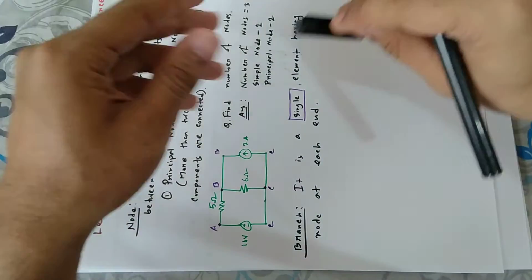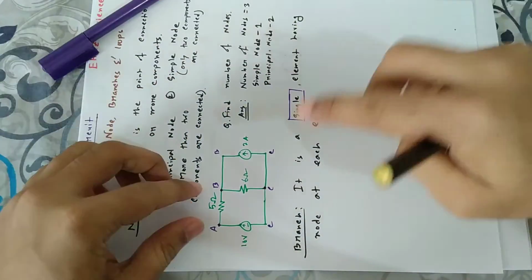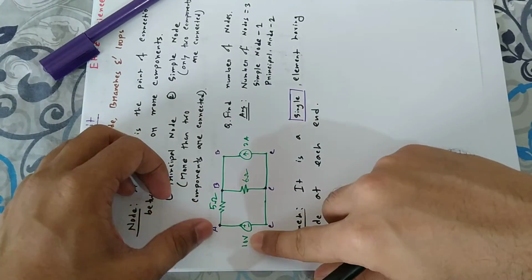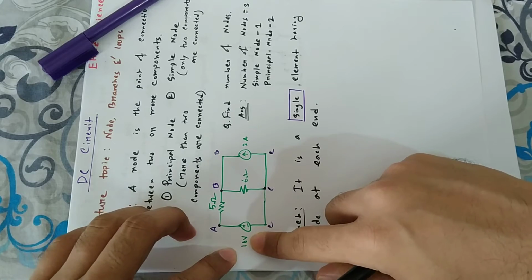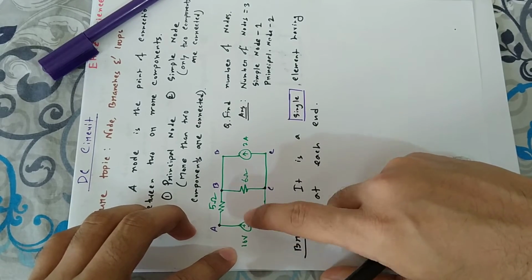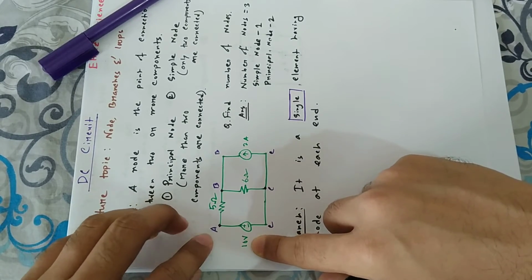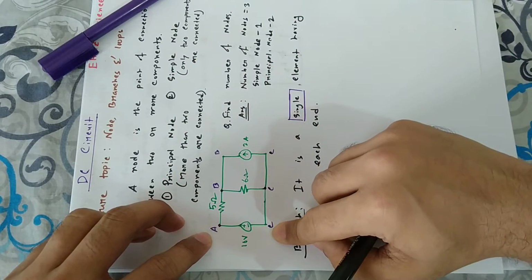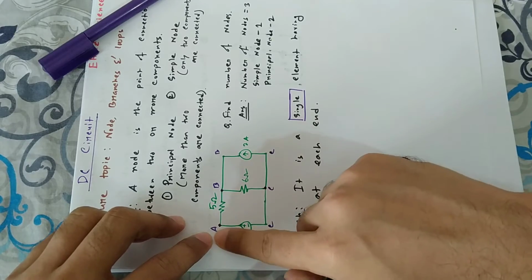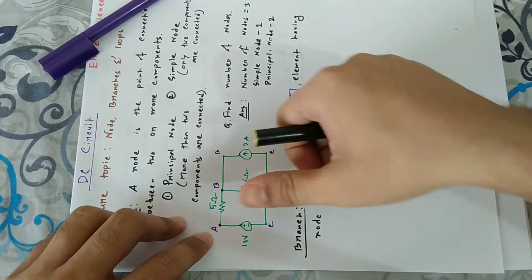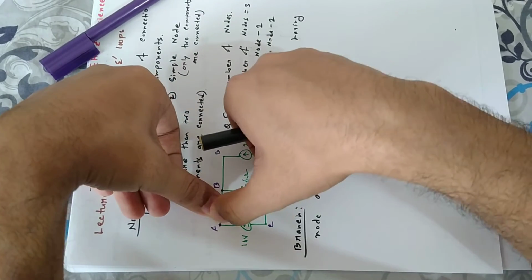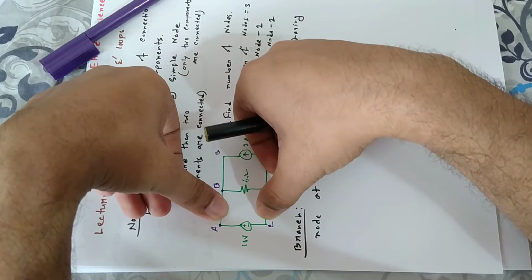If we consider this circuit, see this 10 volt is a voltage source. In this voltage source there are two ends, at point A and at point C. So there are two nodes at two ends.